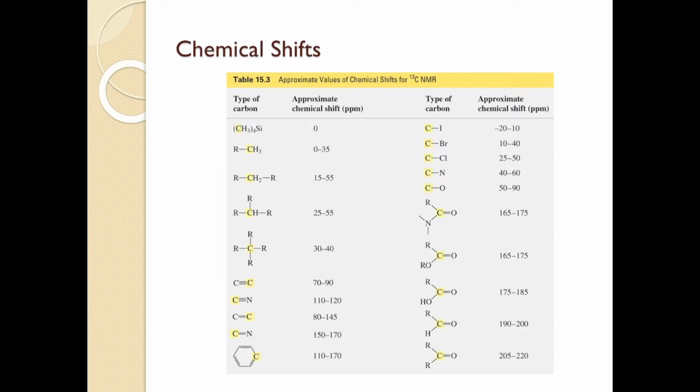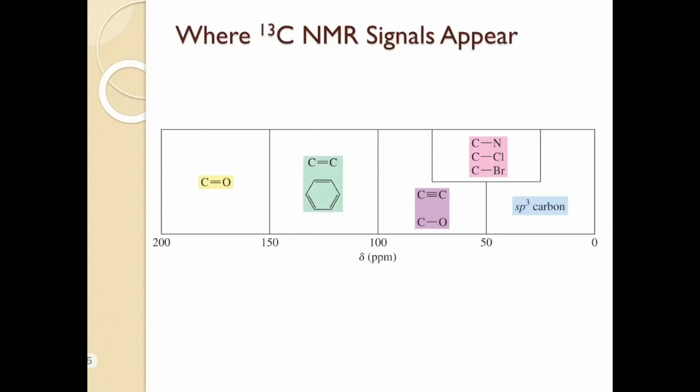Ketones normally come around 200, somewhere between 205 and 220. And all the different carbonyl groups come between 165 and 200 ppm. Here is the chart that gives you a rough idea of where the different types of carbons appear on the NMR spectrum.